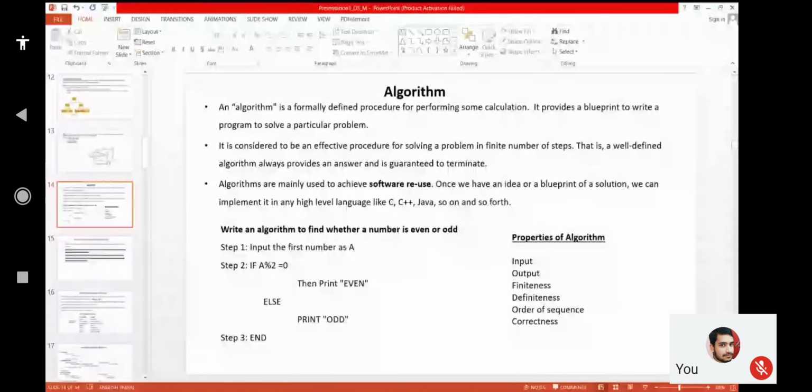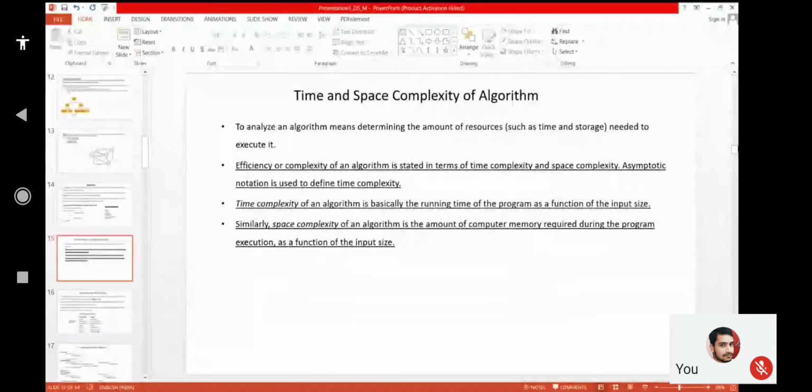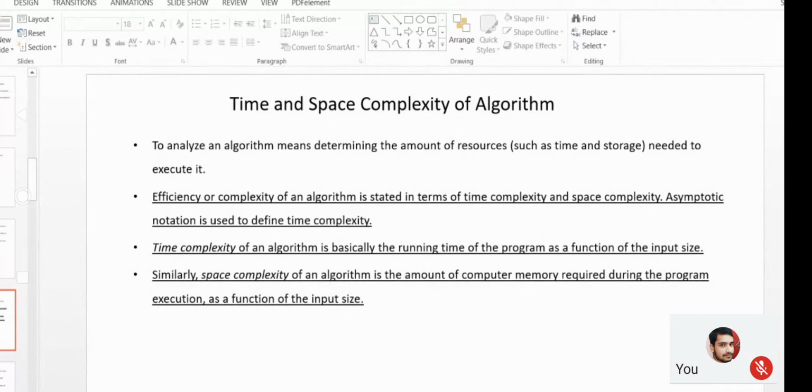Okay. Next, I will discuss how we can analyze the algorithm. There are 2 ways by which we can analyze an algorithm. The first one is time complexity, and the second one is space complexity. What is time complexity?